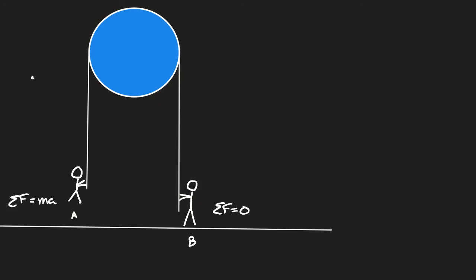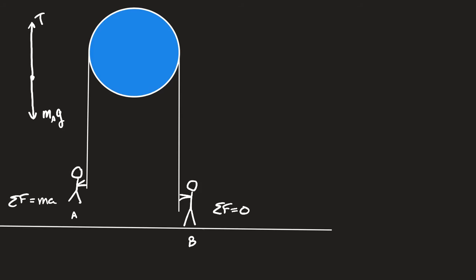So when I look at the forces on person A, there will be an upwards tension. And that upwards tension must be greater than the weight of person A because they accelerate up the rope due to this force. Questions about this?